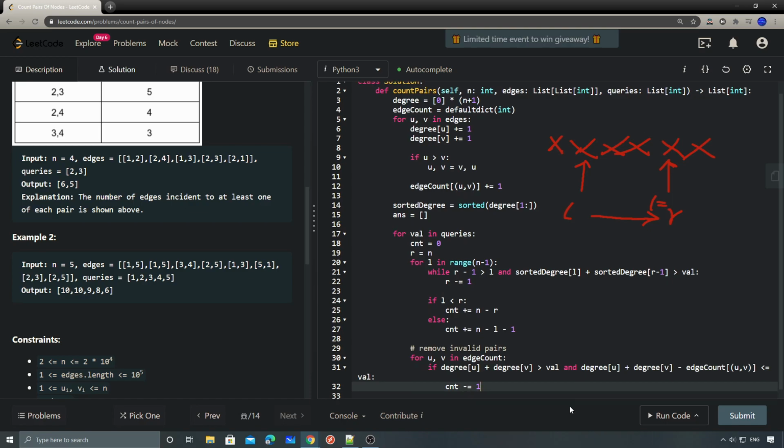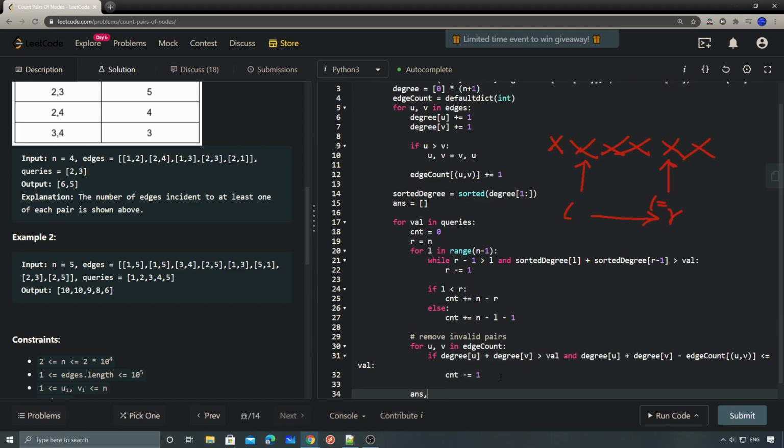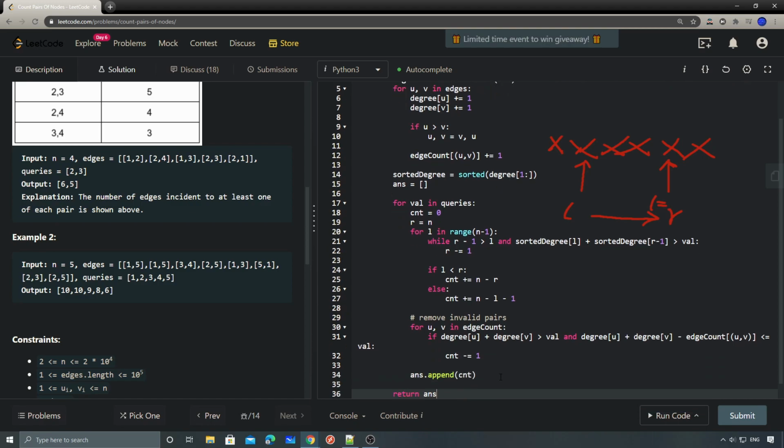So here we're completing this formula by subtracting the common edges between u and v. If this doesn't satisfy the query value, we remove it from the count. And now we have the correct answer for this query. So we can simply do answer append count, and then we return the answer in the end.